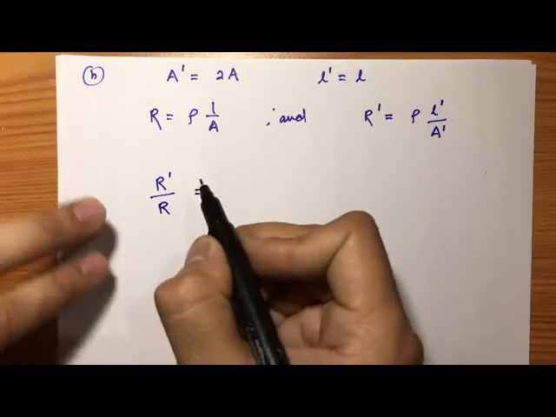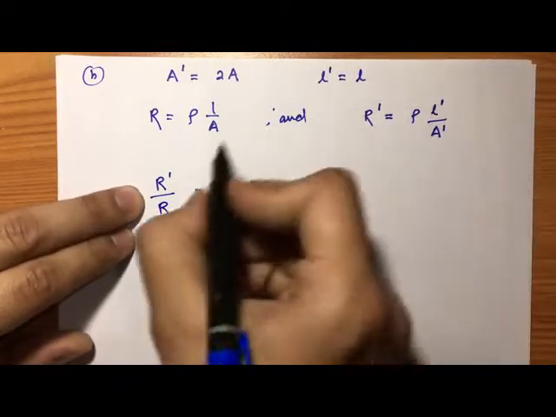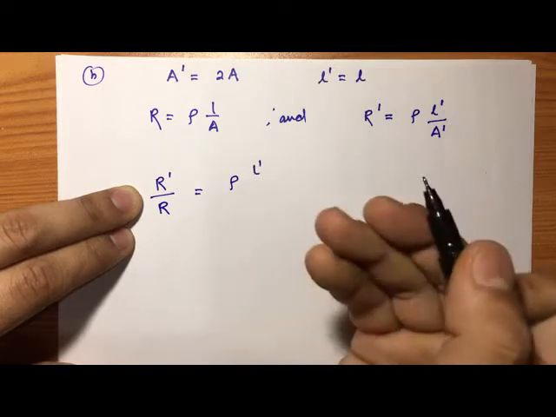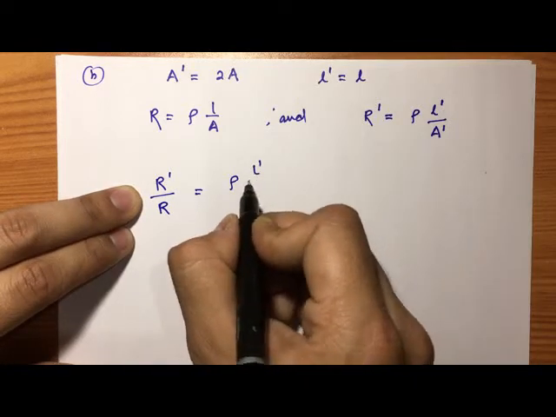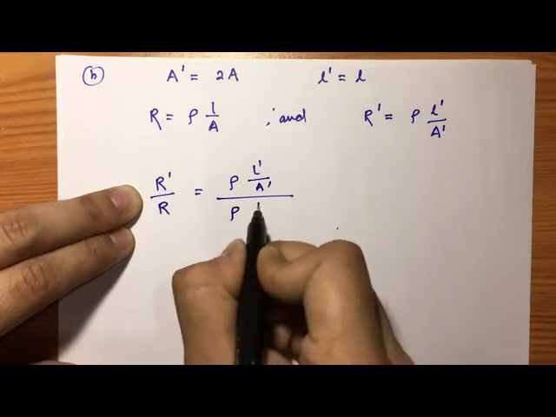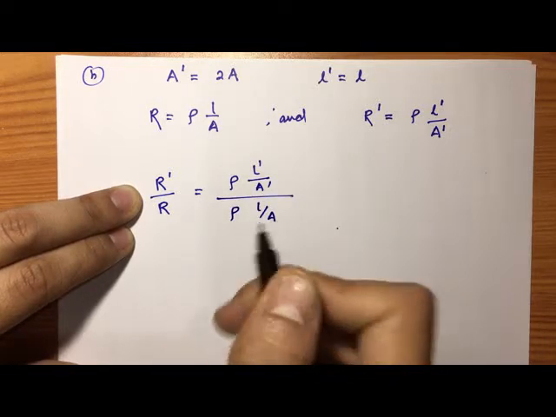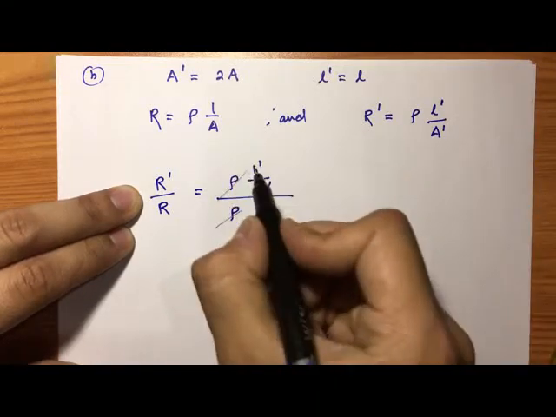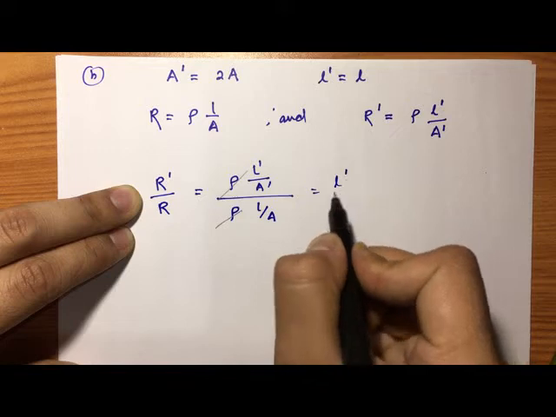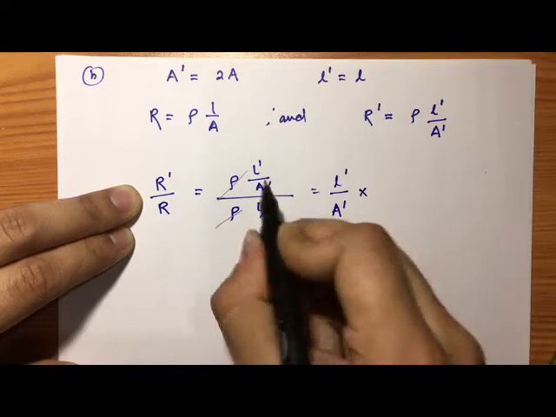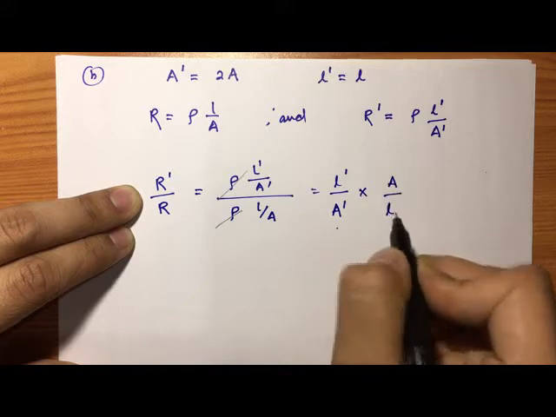After taking ratio, in place of R prime, I have to keep same value, rho times L prime divided by A prime whole divided by rho times L by A. This rho and this rho will be getting cancelled. I will get here L prime divided by capital A prime into A going upward, A divided by L.